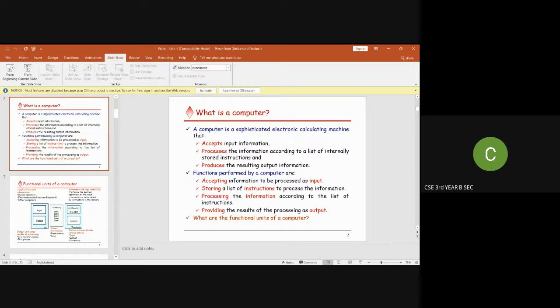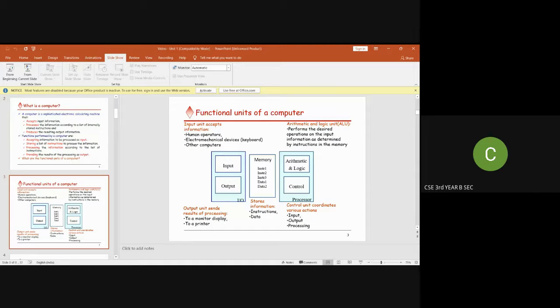we have five different functional units: input unit, output unit, which are combinedly called the input output unit, arithmetic and logical unit, control unit, and the main memory unit. What should the input unit do? It should accept the input from the user and convert it to electromagnetic information like binary information.